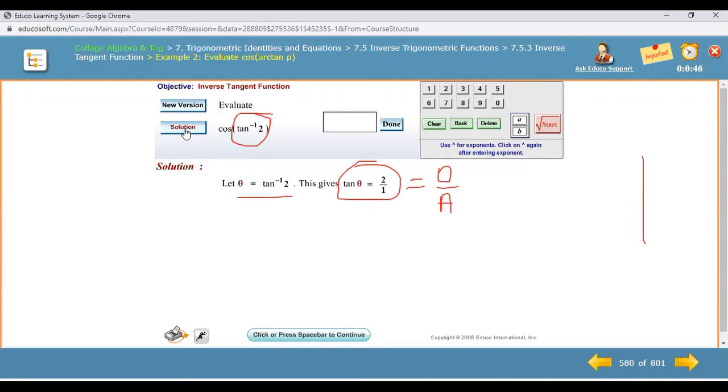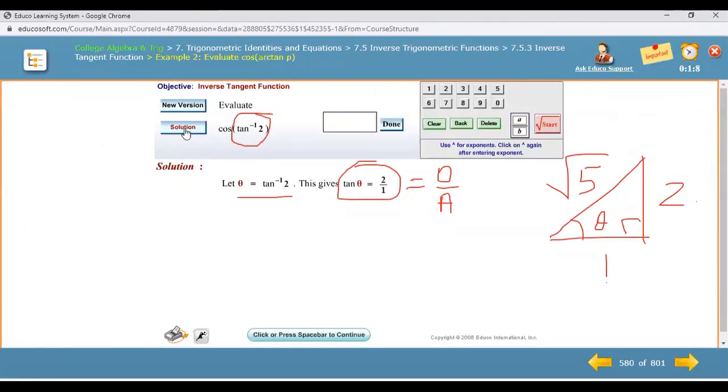I draw a triangle, consider this angle as theta, this is 90, opposite is 2, adjacent is 1. Using Pythagorean theorem, 2 squared is 4, 1 squared is 1, 4 plus 1 gives you 5. This side is radical 5.